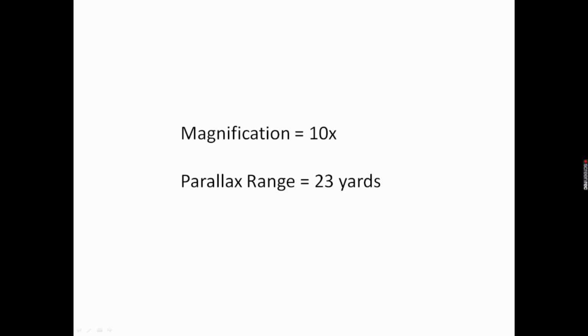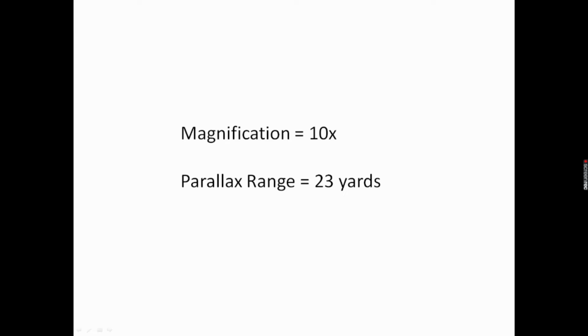It doesn't exactly work like that, but it's a good starting point. The only problem with that is it's 23 yards, and there aren't a lot of ranges that have a bald-up or a zeroing bald-up at 23 yards, which is probably why I've moved it to 25 yards myself now, because it's easier to set.